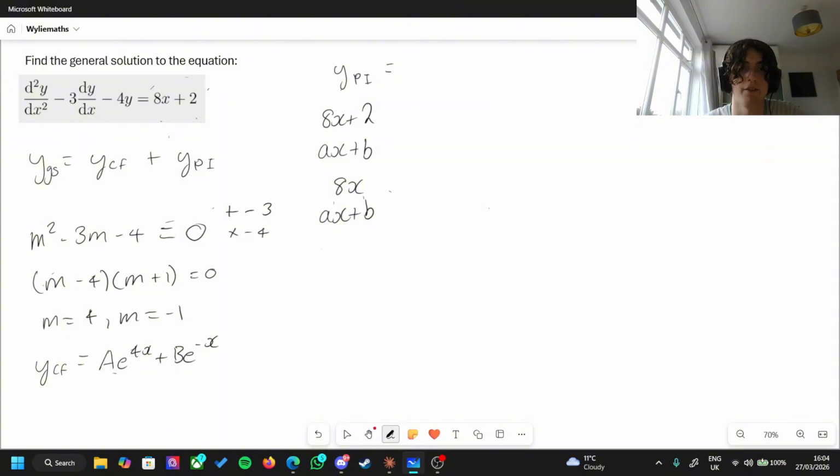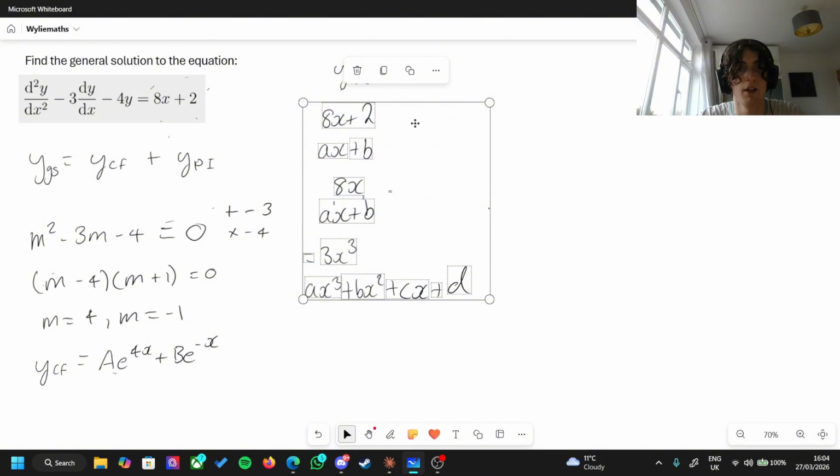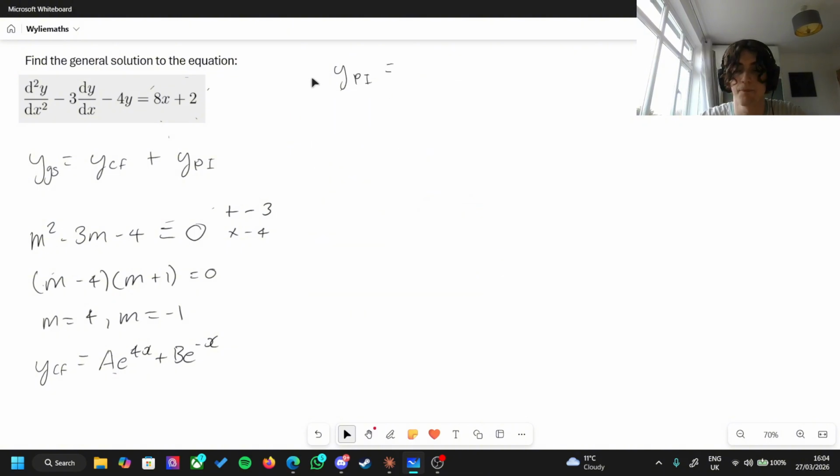For example, if it was equal to 3x³, then you would have ax³ + bx² + cx + d. That's not the particular integral, it's just the form of your particular integral. So our particular integral is of the form ax + b.